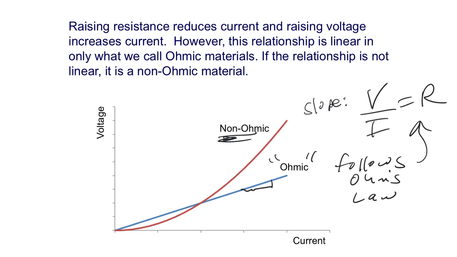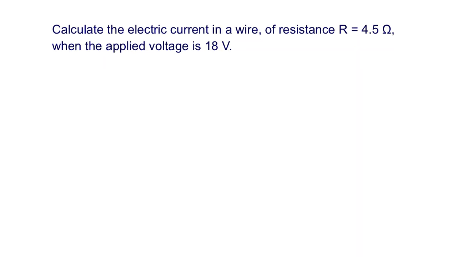The more current flows through it, it gets hot, and those molecules start forming a better blockage of the current. So non-ohmic conductors do not follow Ohm's law precisely, but you still get the relationship of an upward curve.